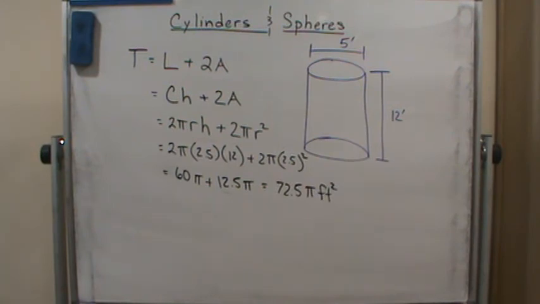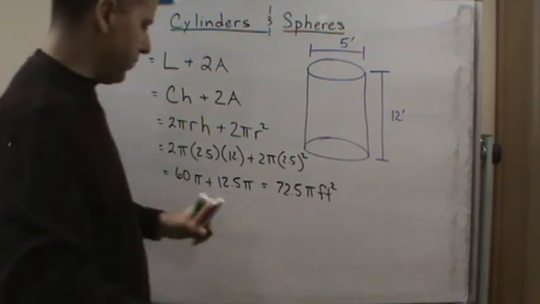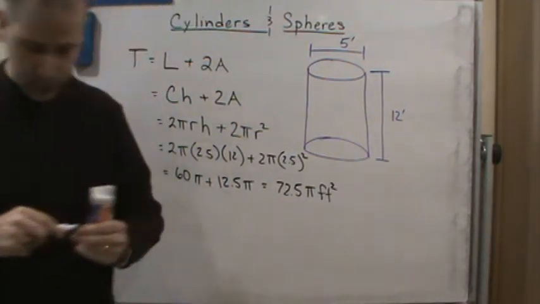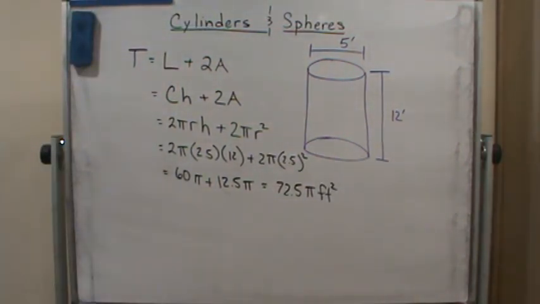So we want to round to the nearest foot. Let's put that in our calculator: 72.5 times pi, and we get an approximate value of 455.5.